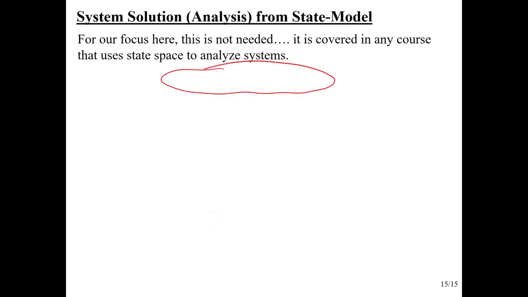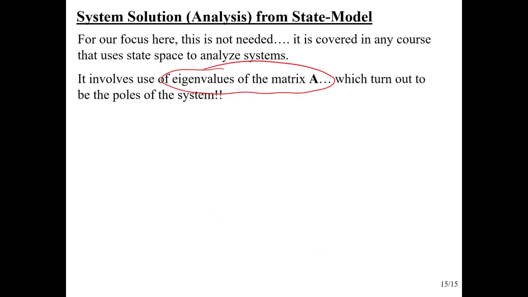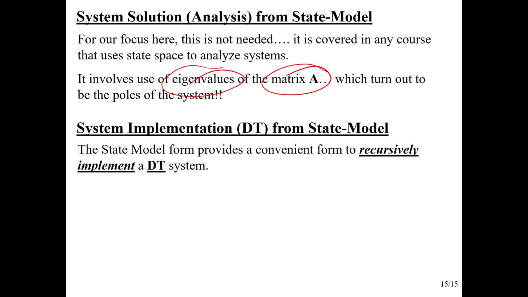So that's no surprise. So a lot of the system analysis based upon the state model boils down to thinking about eigenvalues of the matrix A, and to a lesser extent, the eigenvectors of the matrix A. So it opens up a whole range of mathematical tools to think about how a system's going to behave. Now, we're not going to do that. I just threw it in for completeness.